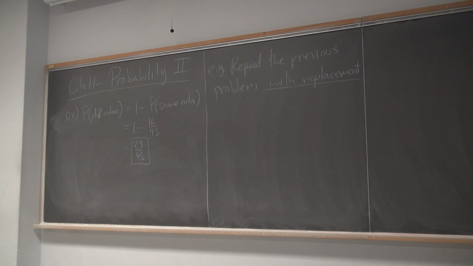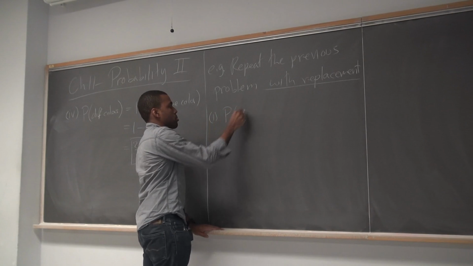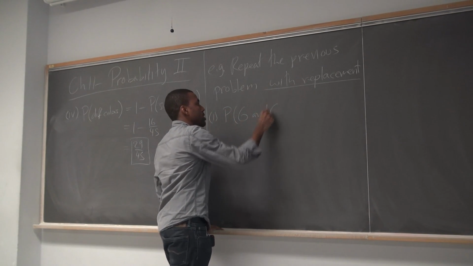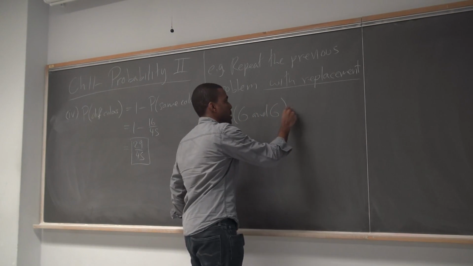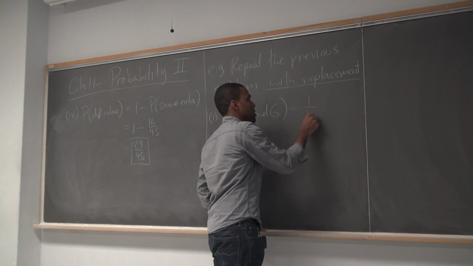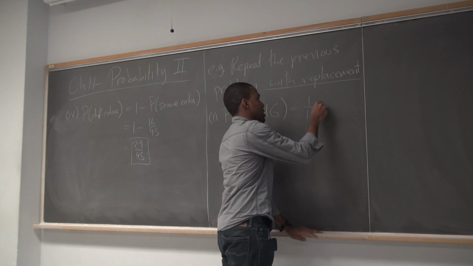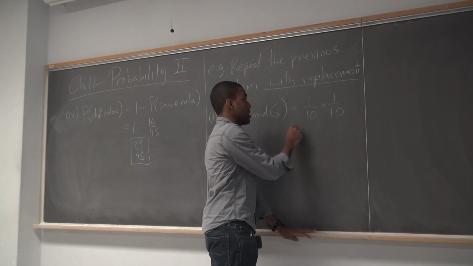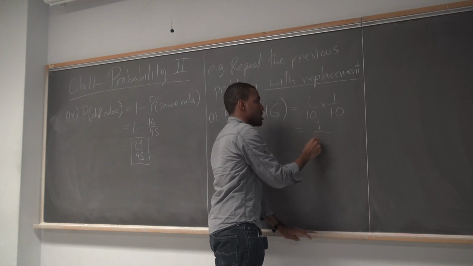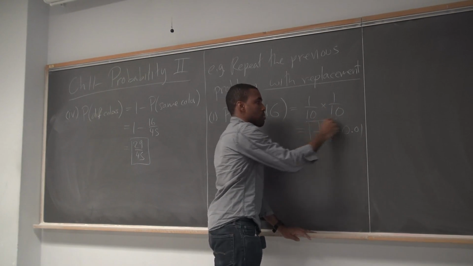Now we have the probability of green and green. What is that? There's one way to get a green out of 10, but then I put it back. So now it's 1 out of 10 again. So this time getting a green and a green is not impossible. It's not very likely, it's 0.01, but it's not impossible.